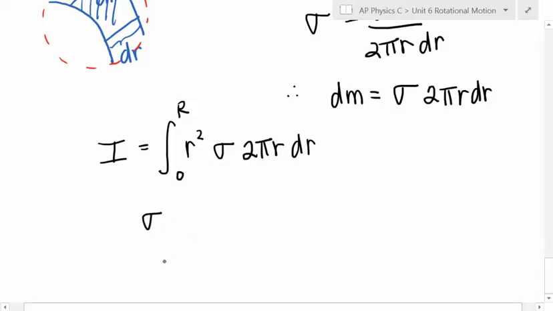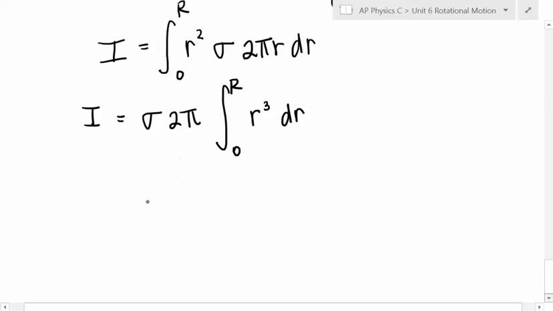Sigma is constant, 2 pi is constant, so I'm left taking the integral from 0 to capital R of r cubed dr. So what would that give me? That would give me sigma 2 pi, r to the 4 over 4 minus 0 over 4, which is 0.